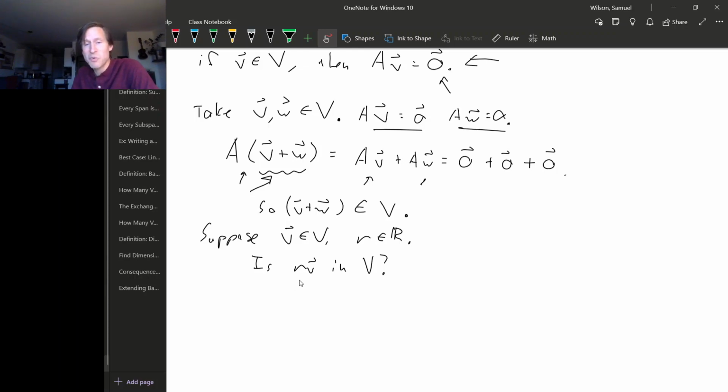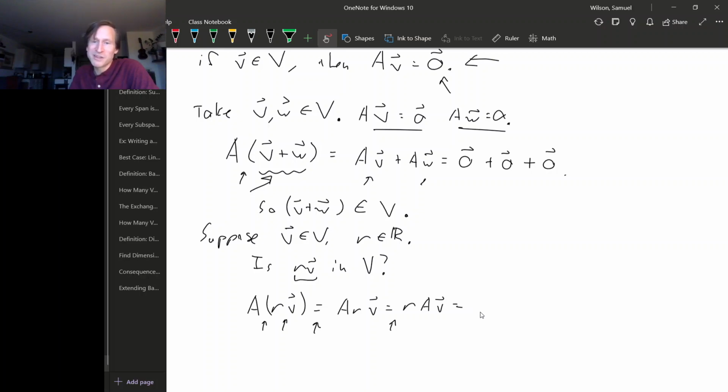Well, we can check the same way. We check to see if r times little v is a solution to that linear equation. We take r times little v and multiply it by the matrix A. Scalar multiplication and matrix multiplication associate and commute, so we can erase these parentheses and move the scalar out front. This is associativity and commutativity of matrix and scalar multiplication.